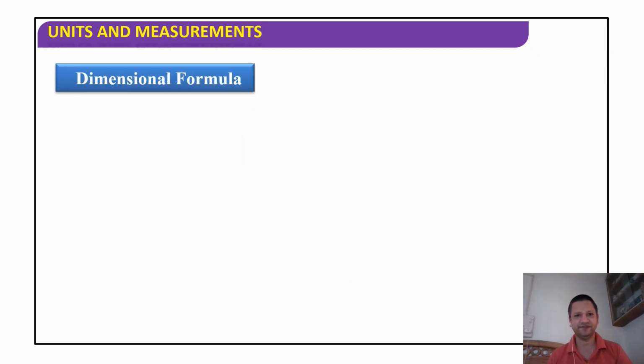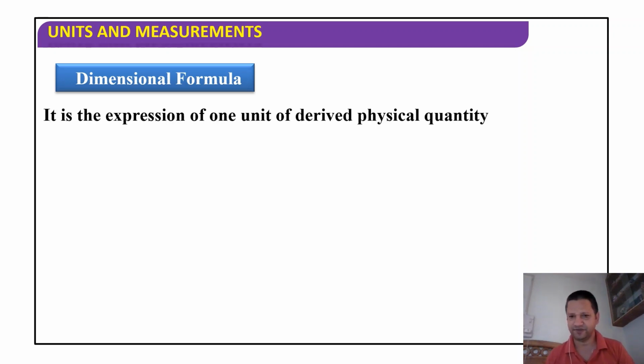Let us continue. What is the dimensional formula? How do we write the dimensional formula of a particular term? Let us try to understand. Before this, we already know the formula of that particular term. For example, force: we know the unit of force is Newton.